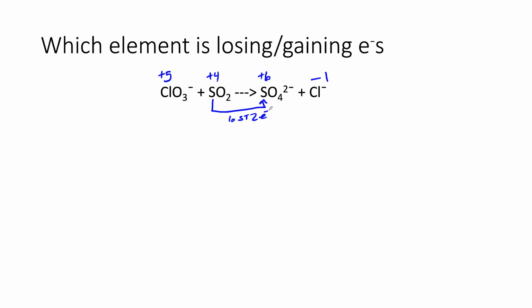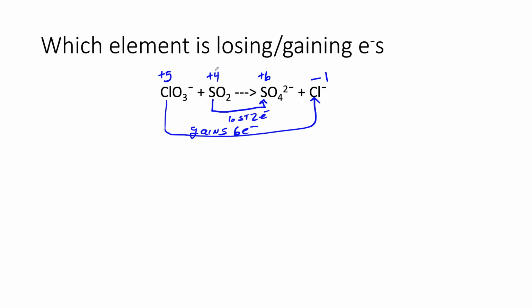So it lost 2 electrons. This one is actually gaining 6 electrons, going from +5 to -1. And so here we have the separation of our reaction.